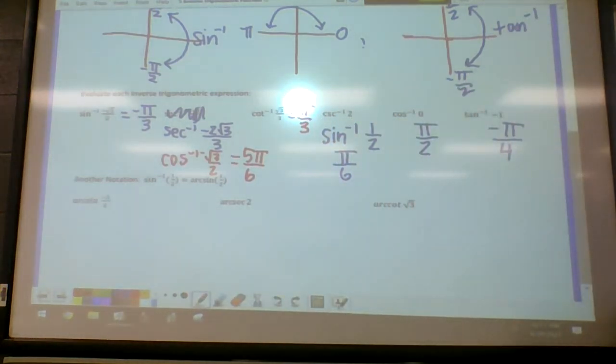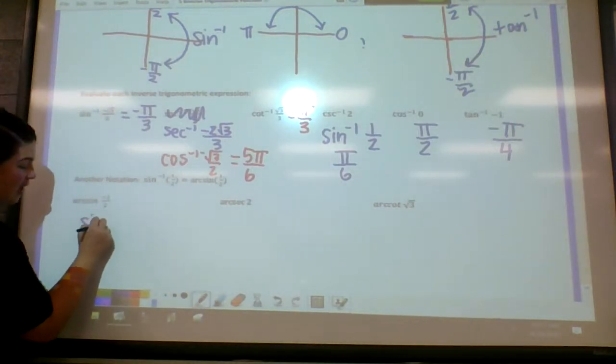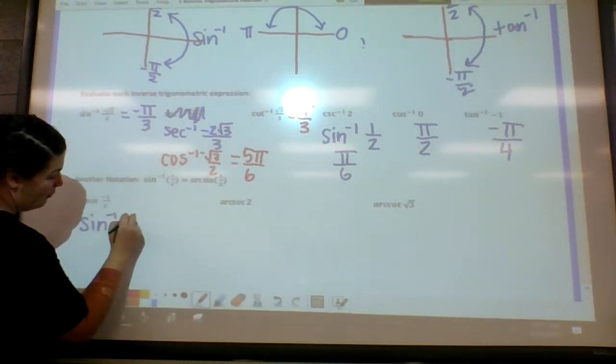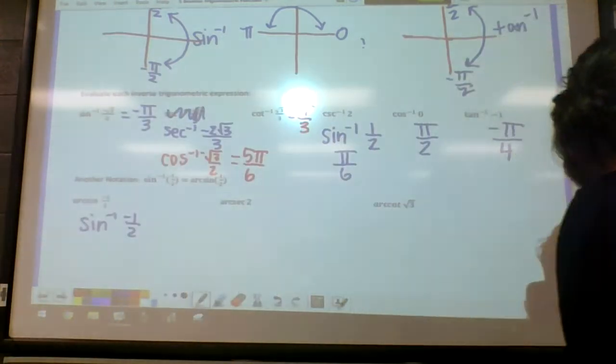All right, and that is also implying that you're taking the inverse function. So there's two ways that they could write, hey, what's the inverse of this function here, right? So arc sine of negative 1/2, that is the same as saying sine inverse of a negative 1/2. Those are the same thing, okay? So it's just another notation.